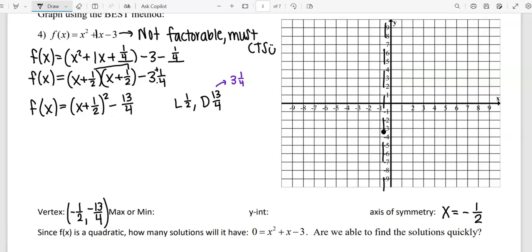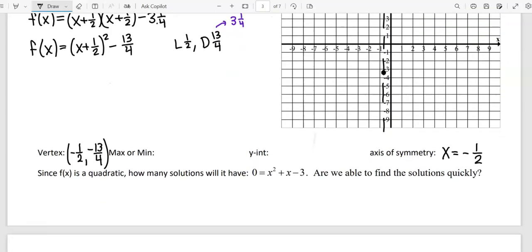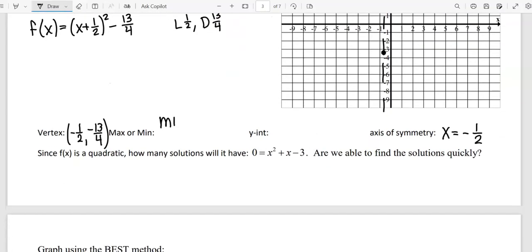I'm filling in the vertex as I go. Does this open up or down? Opens up because there's a positive 1 in front of x squared. So if it opens up, is it going to be a max or a min? A minimum of what? -13 over 4 when? X equals -1/2. Good.